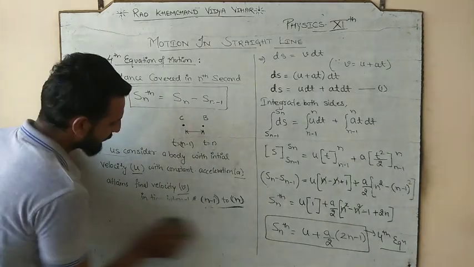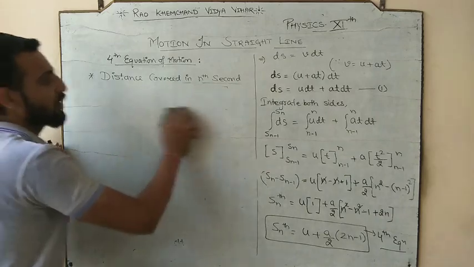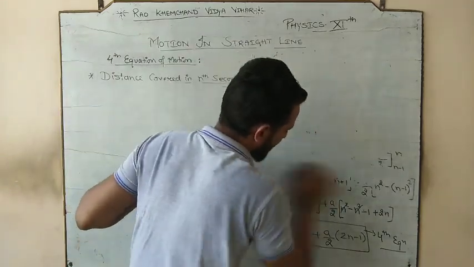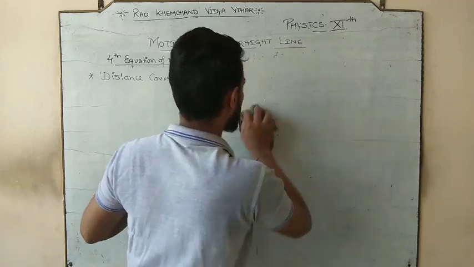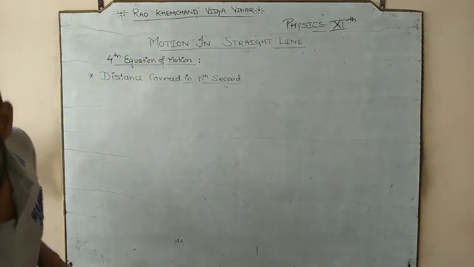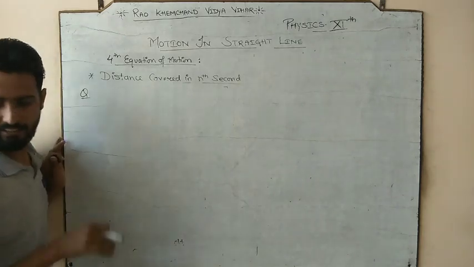Done? Okay, since we have studied the fourth equation of motion, which gives us information about the distance covered in nth second, now let's try a simple numerical related to that. So please first of all note down this numerical in your fair notebook.